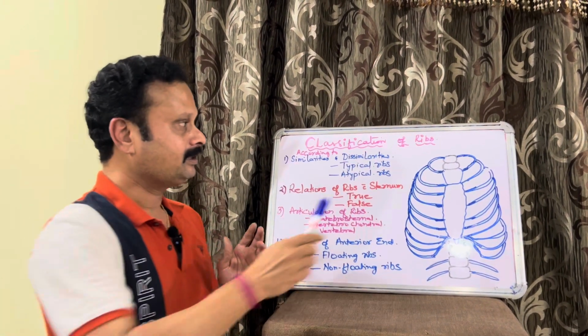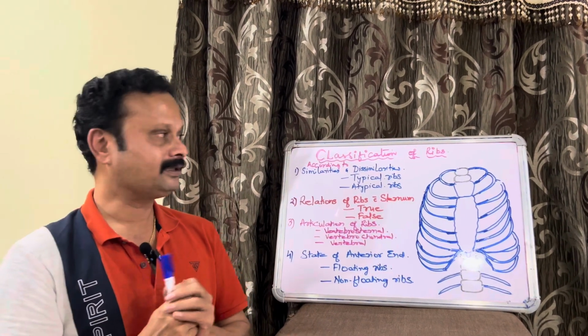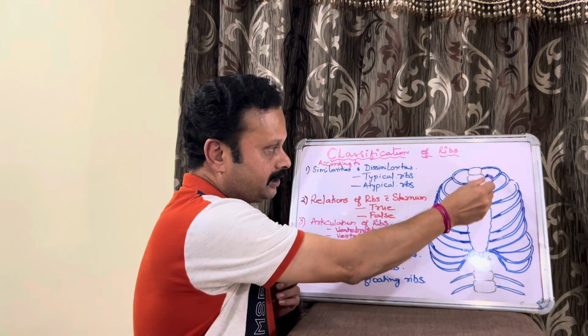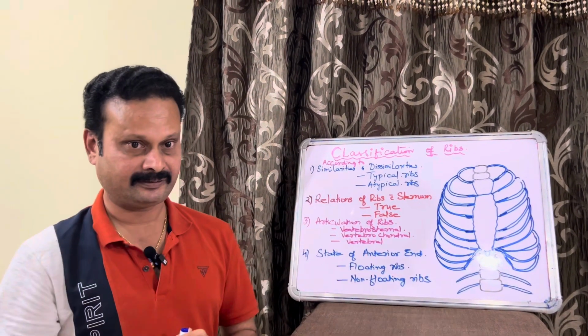I repeat, the seventh rib is the longest, it is most obliquely placed, and the size of the ribs increases from 1 to 7, and then gradually decreases.